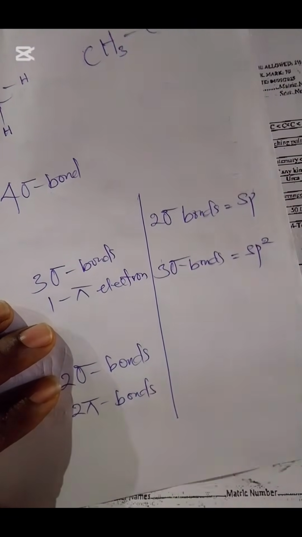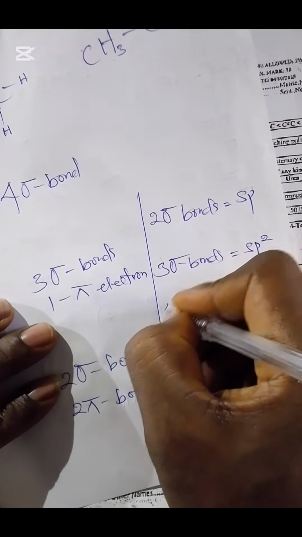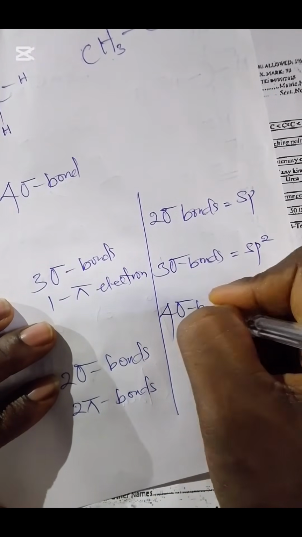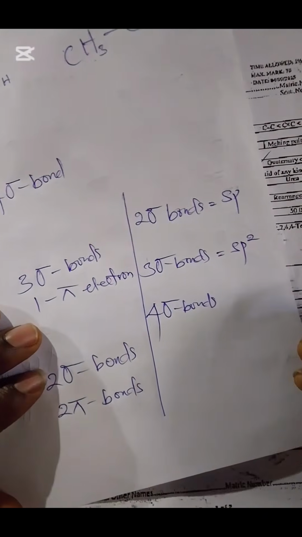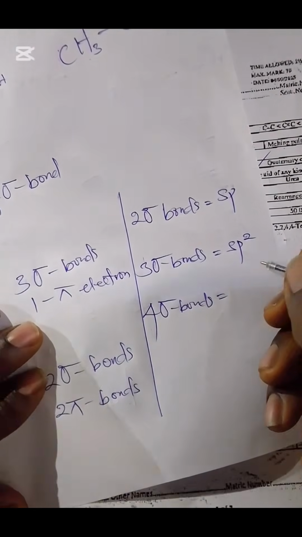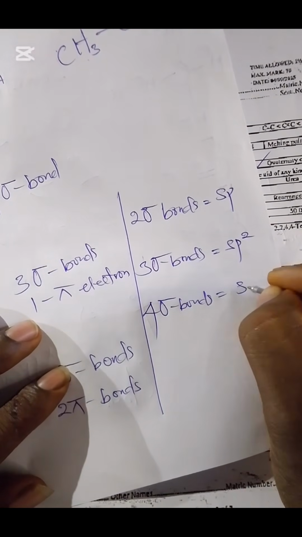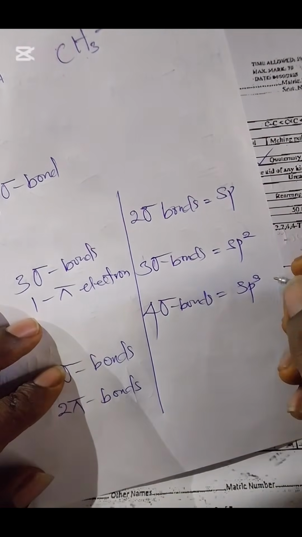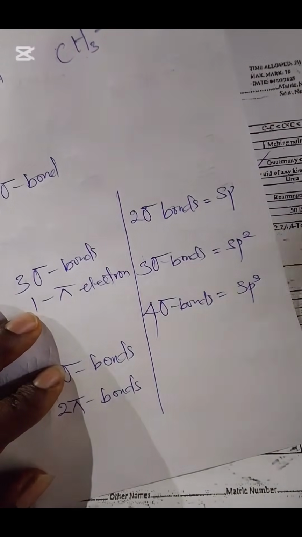And if we have 4 sigma bonds, the rule states that it is categorized under sp3 hybridization.